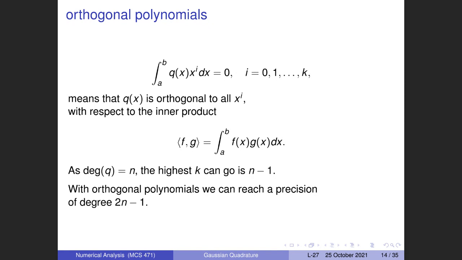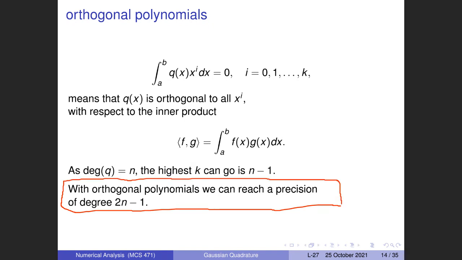So let me try to highlight that again, the main point. The main theorem here states that if we are using orthogonal polynomials, and this is the orthogonality condition here, we can reach a precision up to 2n minus 1.